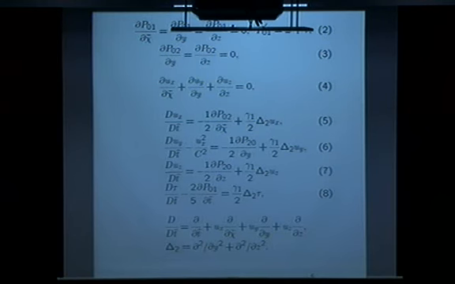And then the next three. This is the momentum equation, and this derivative has a very familiar form. The x, y is just a shrunk coordinate. And then this acceleration term, the pressure gradient.